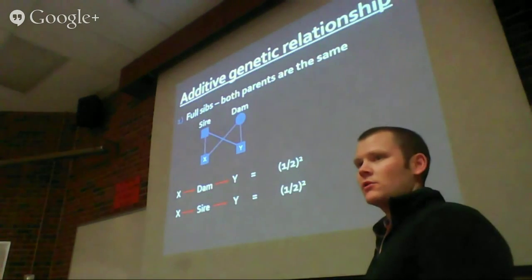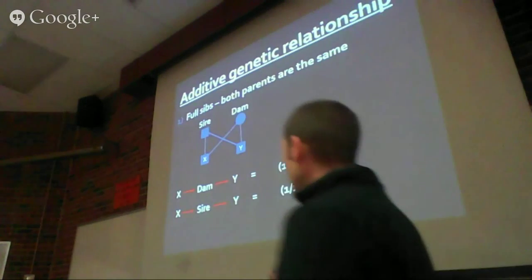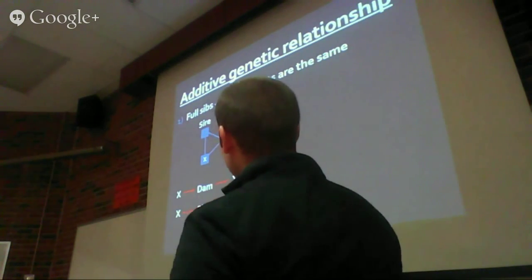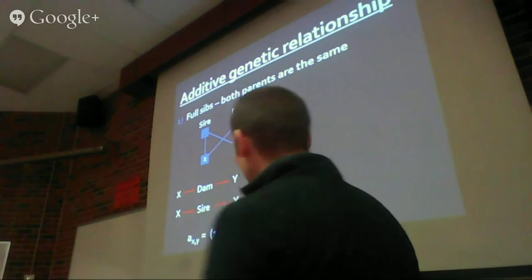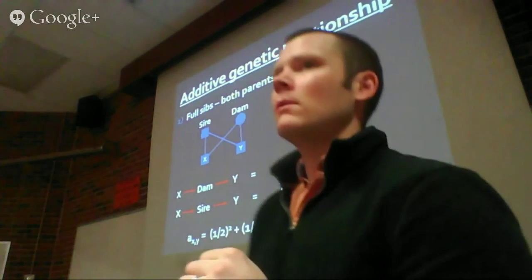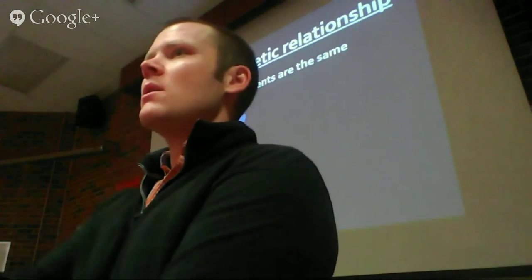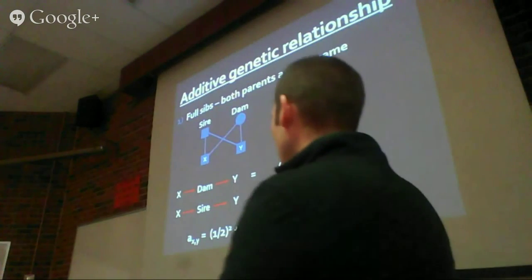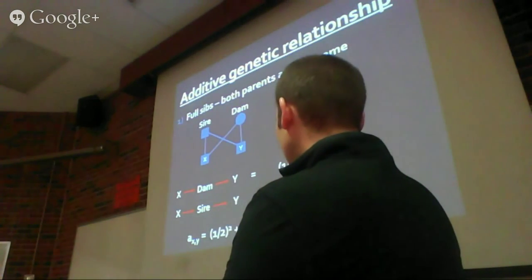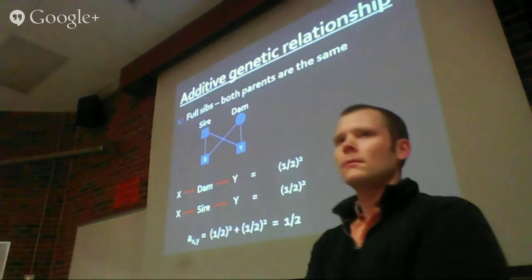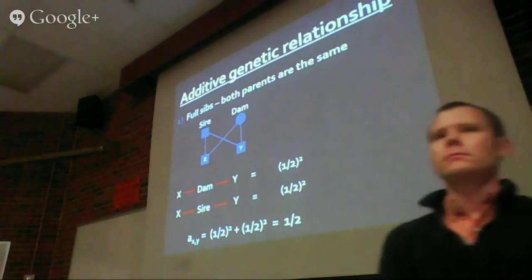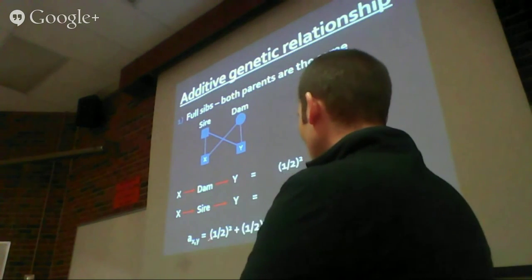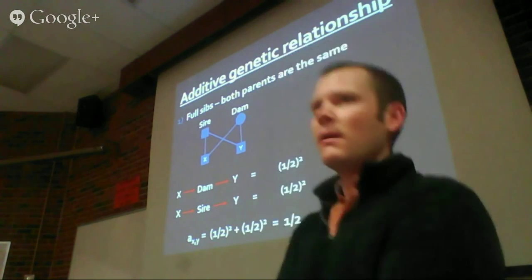At this point, we are tracing paths. We go from X up to the sire, down to Y. Both of those paths are 1/2 squared. When you have more than one way or more than one relationship, you add them up. So 1/4 and 1/4, and we still end up with 1/2.